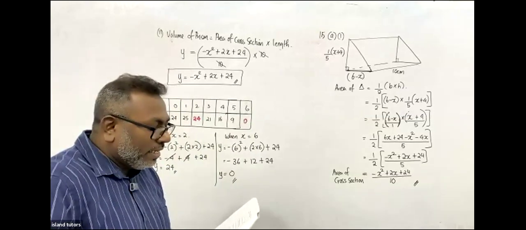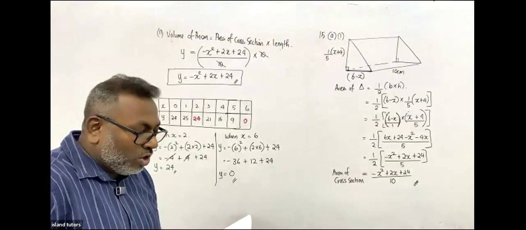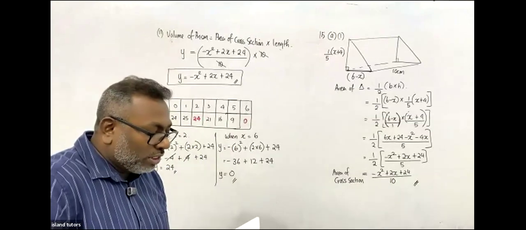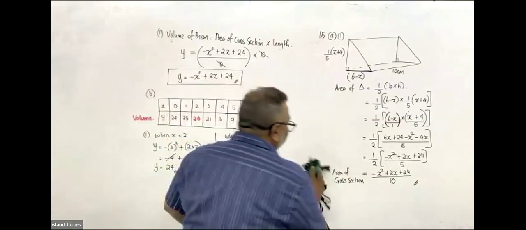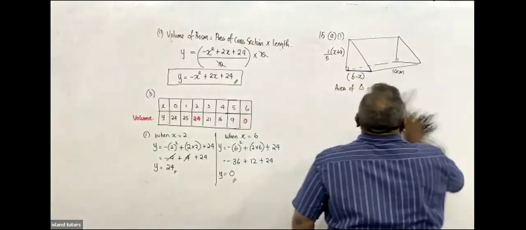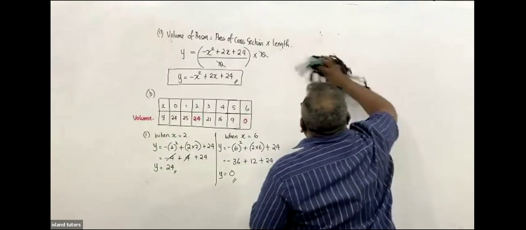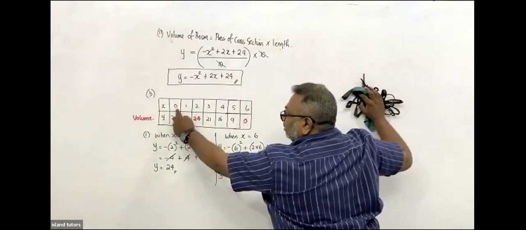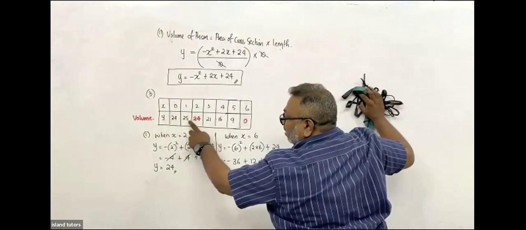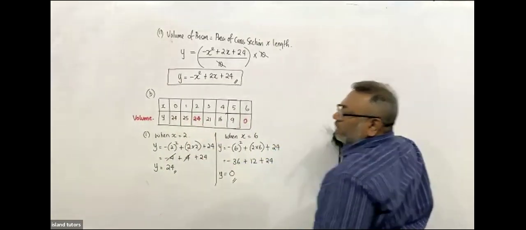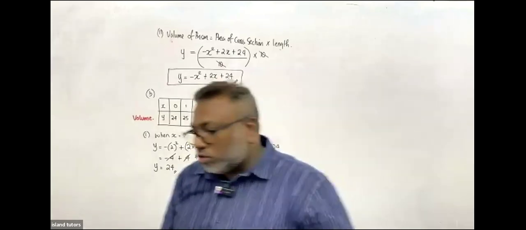Then they are saying, by selecting a suitable scale for x and y, draw the graph of the function using the values in the above table. So we'll do that. Right? So we're going to draw a graph. Your x-axis should go from 0 to 6. Your y-axis should have a maximum value of 25. So you need to draw accordingly.